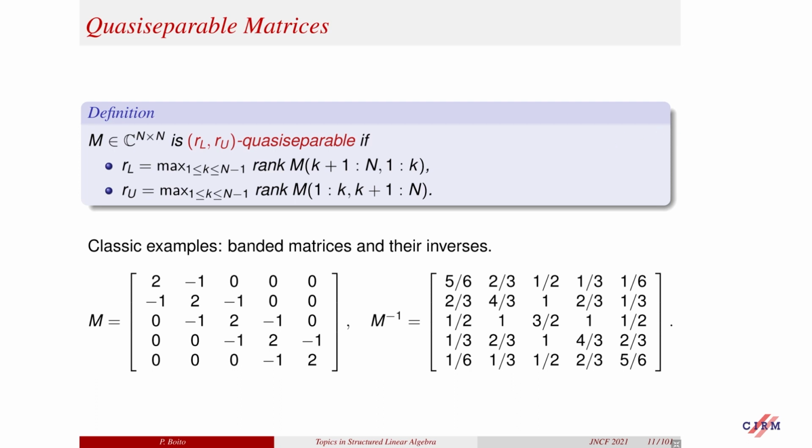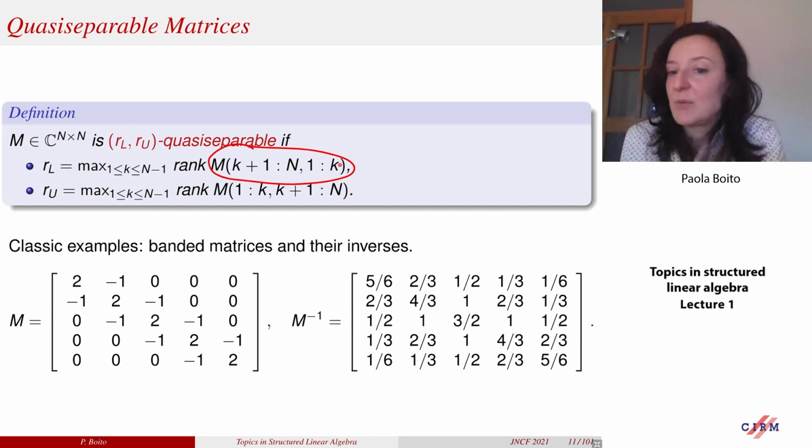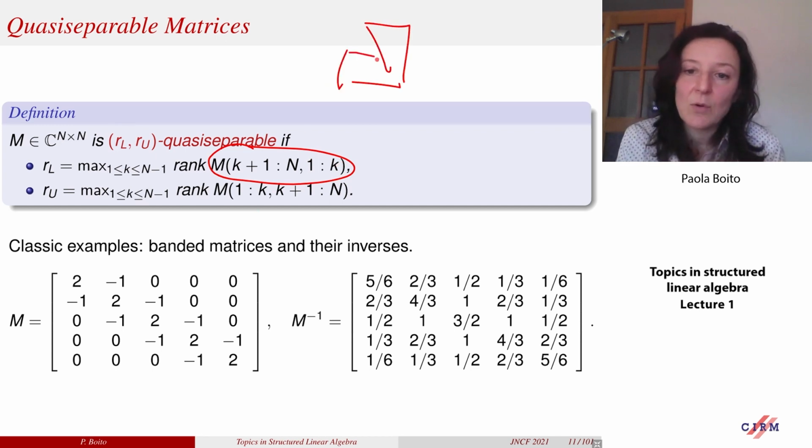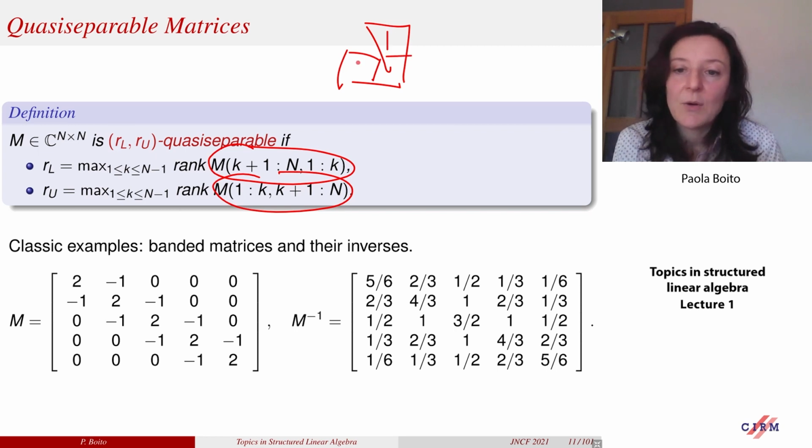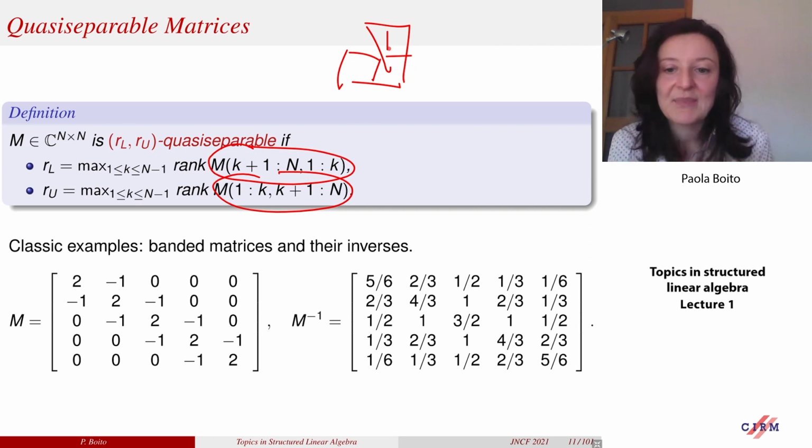I'm using here a MATLAB-like notation, where this expression means the submatrix of M with rows having indices going from k plus 1 to n and columns 1 to k. Clearly, these are blocks from the lower triangular part. And same thing for the upper triangular part. So here we have rank at most RL, and here we have rank at most RU.